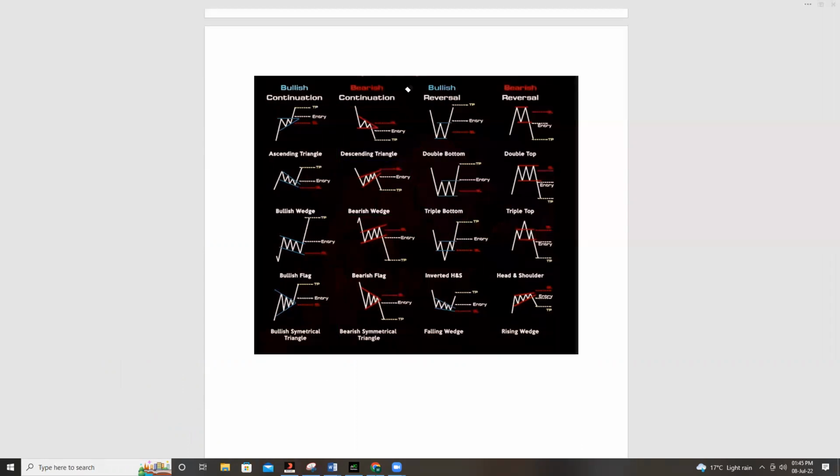Then let me touch on the bullish reversal patterns. Something to note about the bullish reversal patterns, so you can write this in your notebook, is that the bullish reversal patterns are supposed to be found at the end of a downtrend. So downtrend pushes lower, lower, lower.